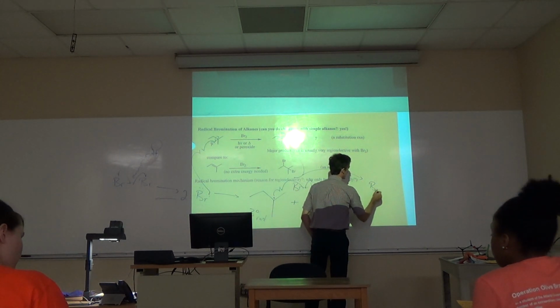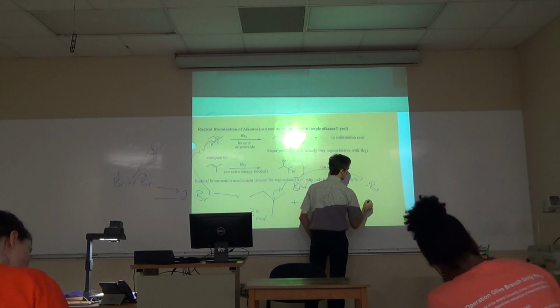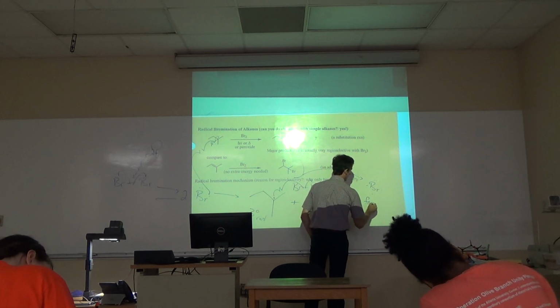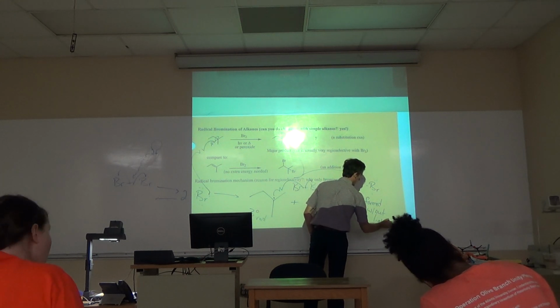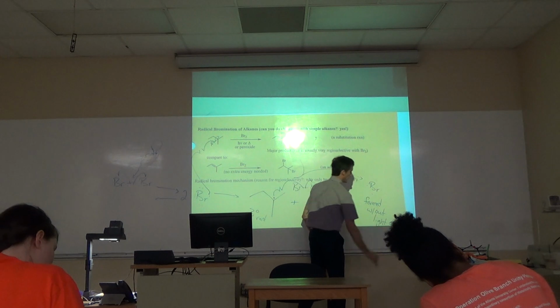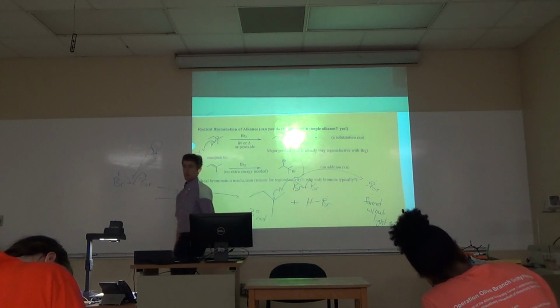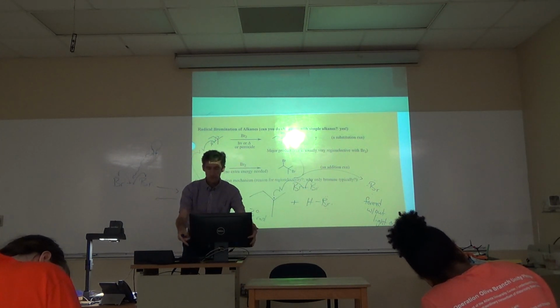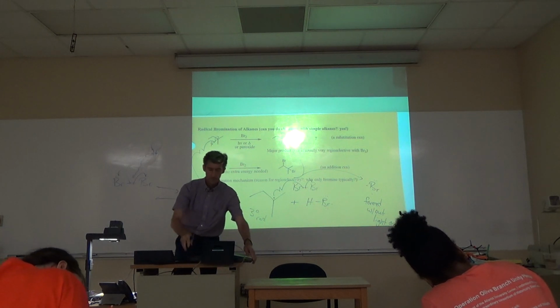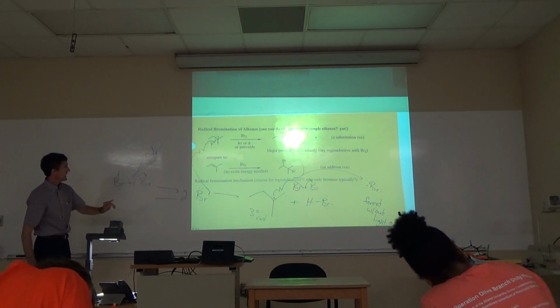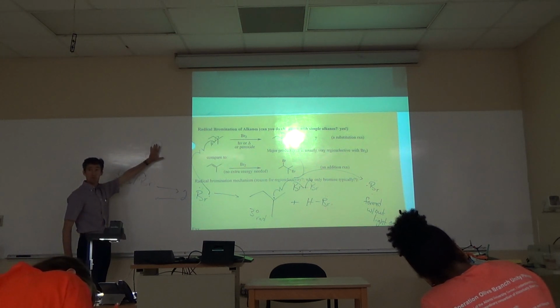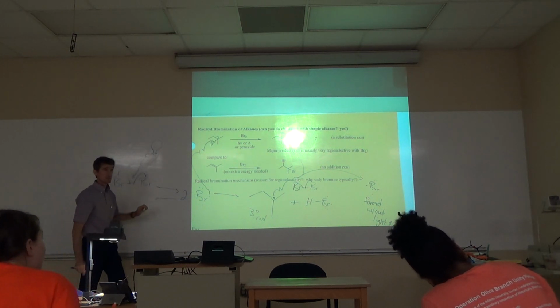Bromine radical. This is formed without light or heat or anything. The bromine radical, if we show a mechanism like this, is formed without heat or light. We don't need the light anymore. We can turn the light off now.